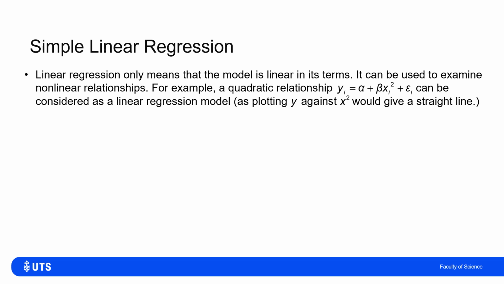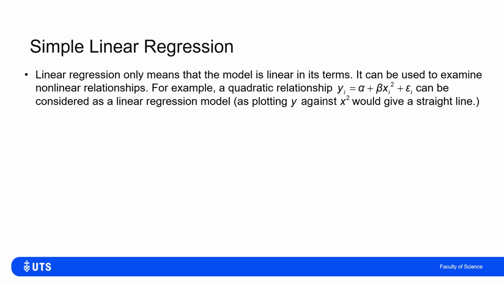A simple linear regression model doesn't necessarily mean that it's a linear relationship between the terms. Like, for example, I could fit a quadratic relationship whereby yi is alpha plus beta xi squared plus some residual error. I could fit that by simple linear regression if I regarded x squared as my predictor.